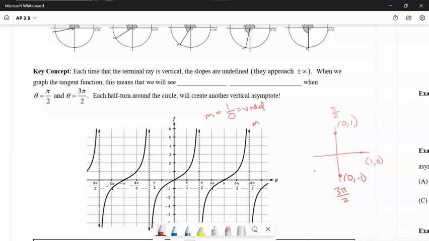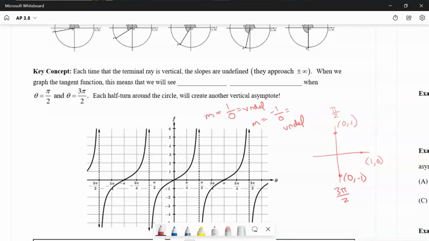So at 3 pi over 2, our slope is negative 1 over 0, which is undefined, right? That's what's happening on these axes, and we can see a vertical asymptote if we look at negative pi over 2 going this way, and negative 3 pi over 2 would be up here.